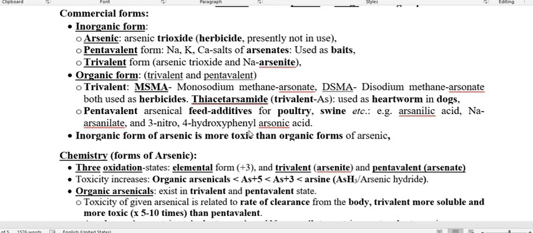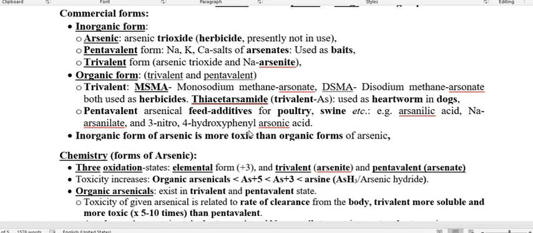So, as I earlier mentioned, the inorganic and organic forms of arsenic come as both pentavalent and trivalent, and I earlier mentioned that trivalent is more toxic than pentavalent. Why? Because the toxicity depends on the amount present in the body.